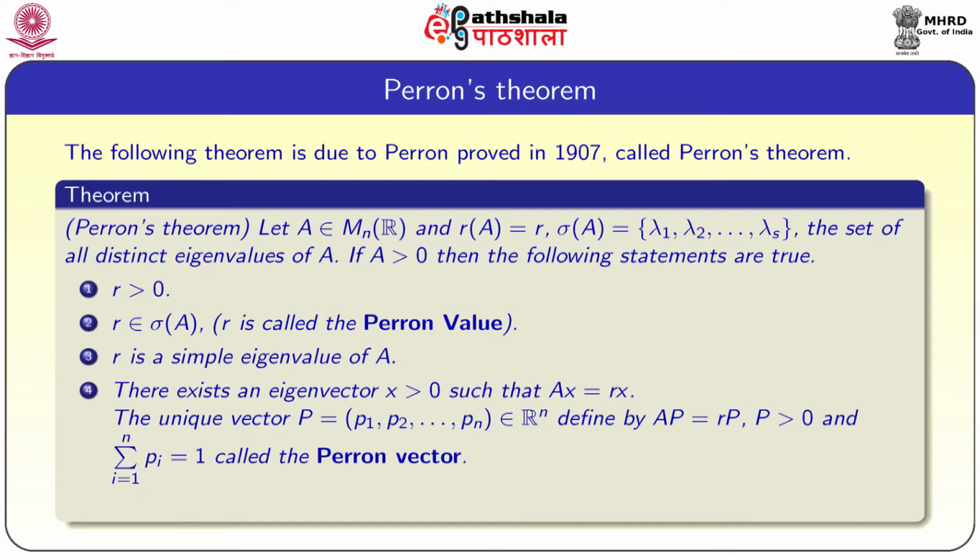So it is not only a unit vector, it is a positive vector, called a Perron vector for the matrix A. So this happens for every positive matrix. r is the only eigenvalue on the spectral circle of A.